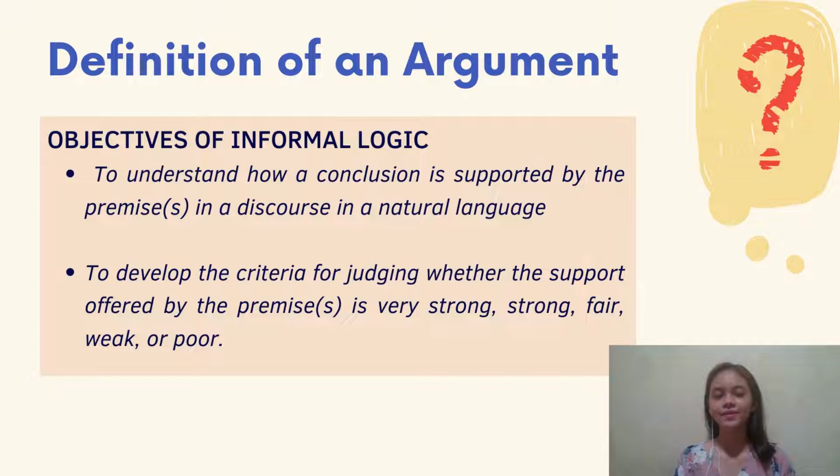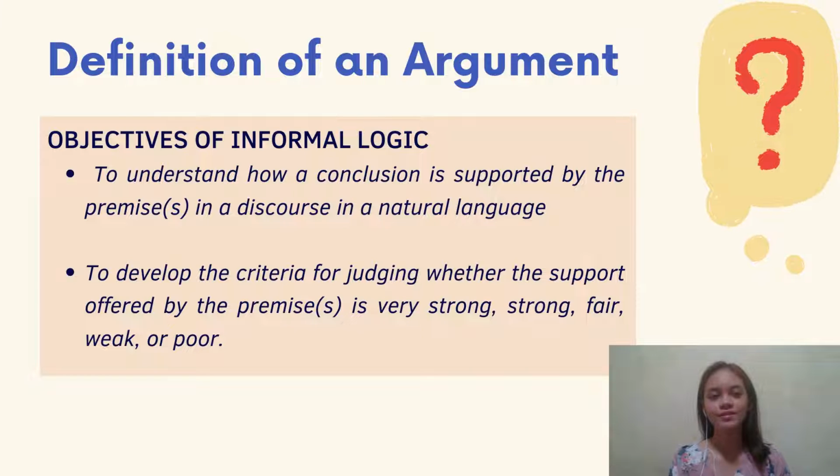In addition to this, Acuña states that these are the objectives of informal logic. For the first one, we have to understand how a conclusion is supported by the premises in a discourse in a natural language. For the second one, we have to develop the criteria for judging whether the support offered by the premises is very strong, fair, weak, or poor.